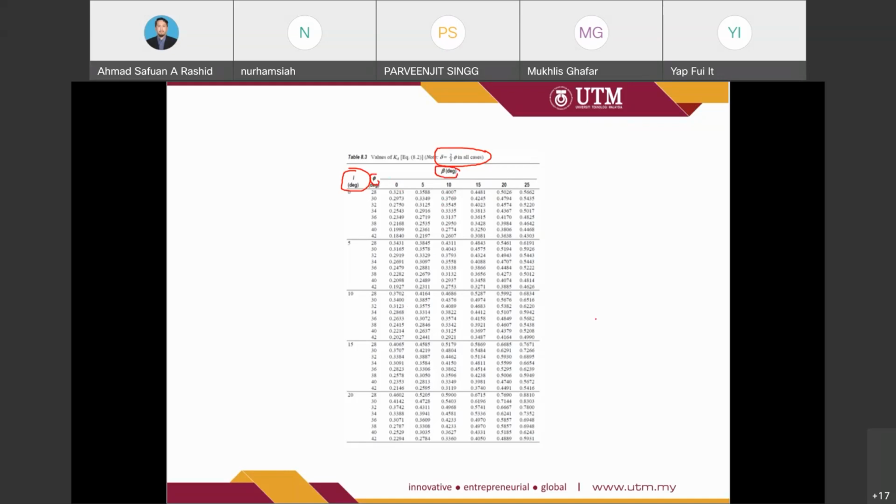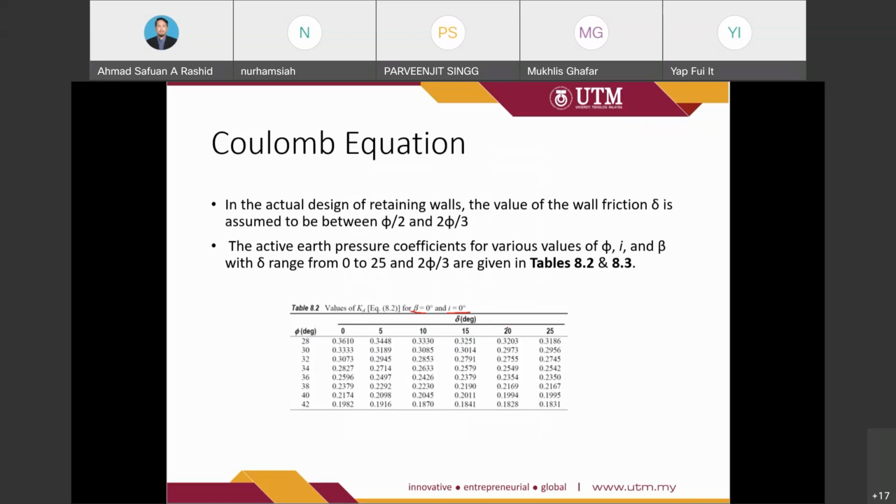For example, by using 8.2, the delta value is 17. We may use the interpolation approach. For example, 0.3251 is for 15, and we want to find what will be at 17, which is x.